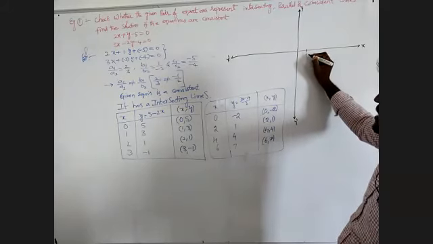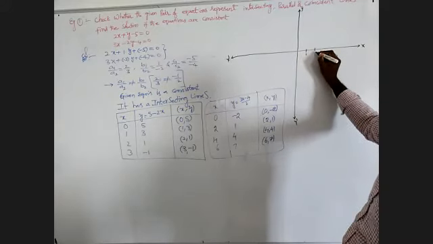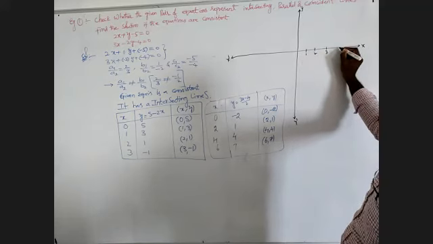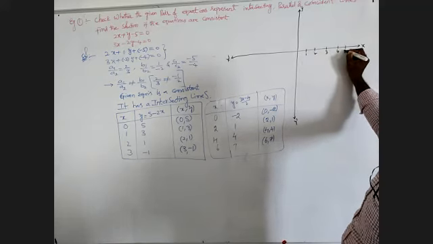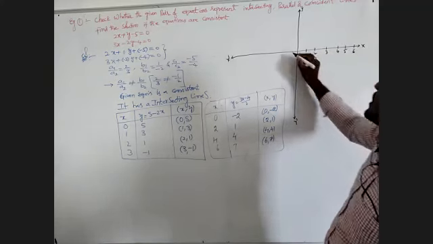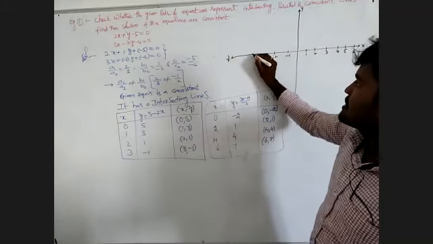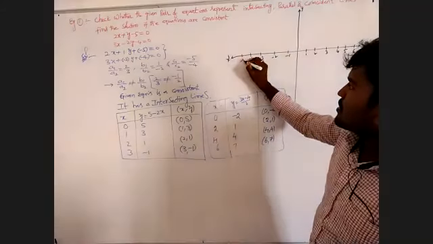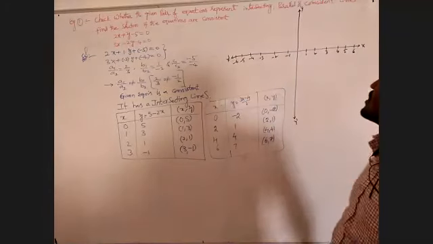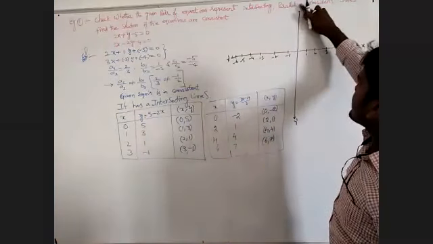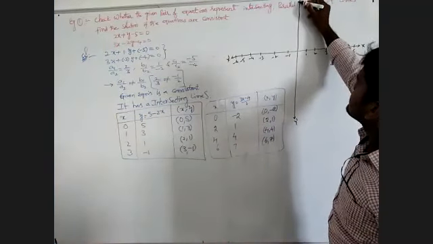This is 1, 2, 3, 4, 5, 6. Then minus 1, minus 2, minus 3, minus 4, minus 5, minus 6 we have to take. On the y-axis also we have to take some more values.